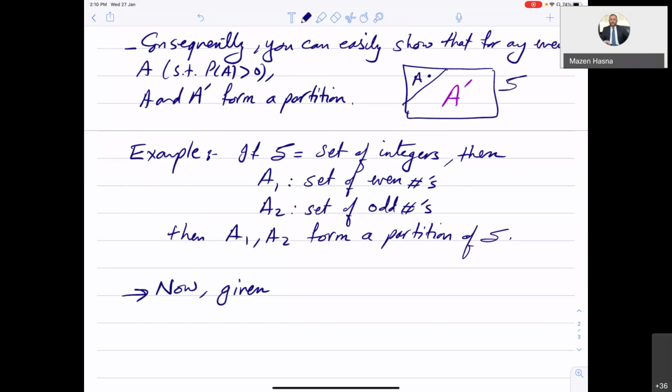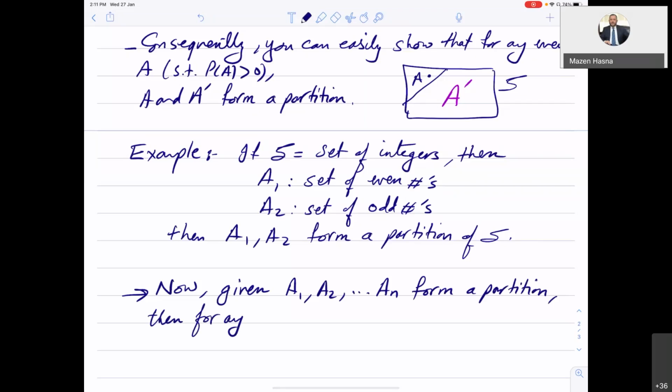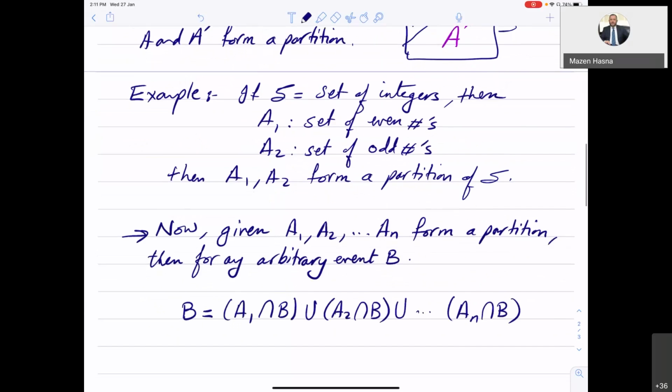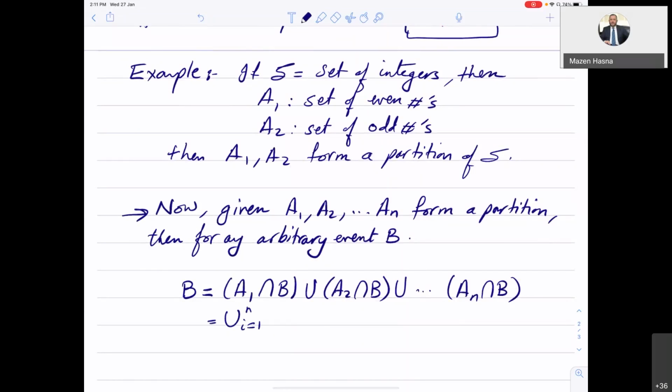Now, given this definition of partitions, given A1, A2, all the way to AN form a partition, then for any arbitrary event B, we can write B as A1 intersect B union A2 intersect B union all the way to AN intersect B, which can be written in a simpler way, union over I equals 1 to N of AI intersect B. So what does this mean?